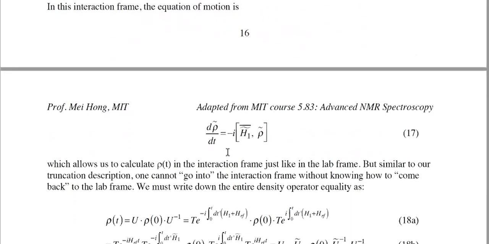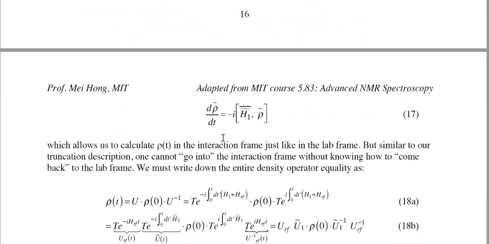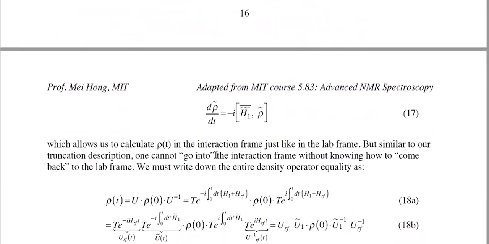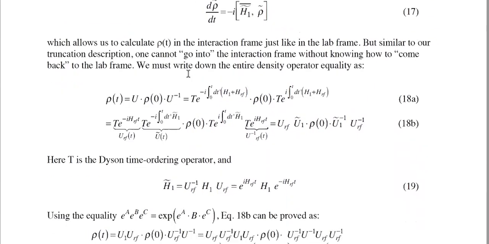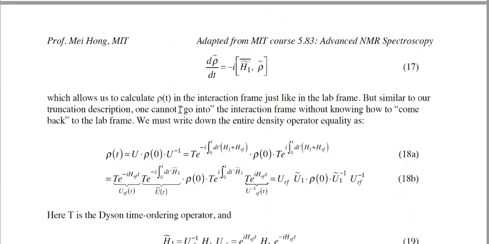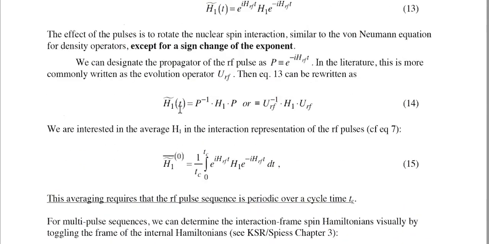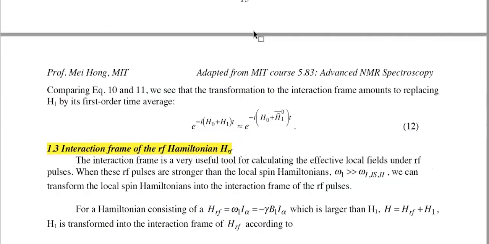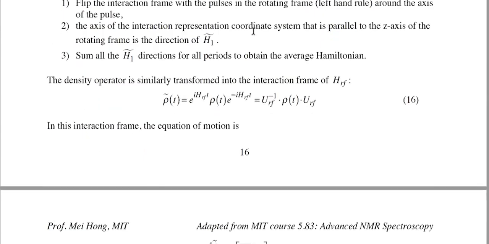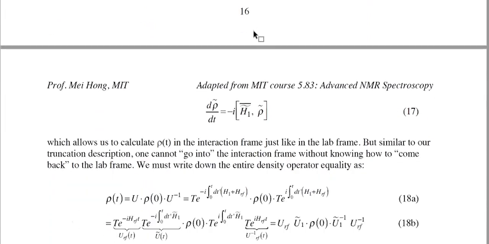And then the equation of motion is again the von Neumann equation, but everything done in a tilde or interaction frame. And then you can go on and calculate. What you would get in this procedure is similar to what I showed in equation 11 and so on. All right, so this is a bit of a repeat.